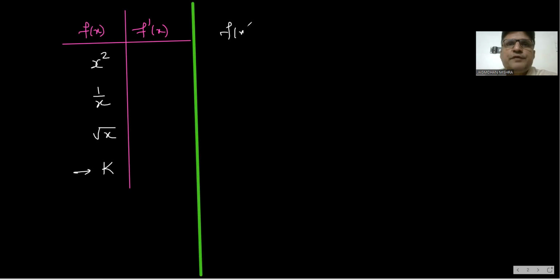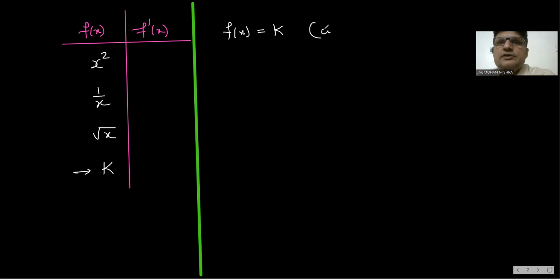So what is f of x? f of x is k, and f of x is a constant function. What is a constant function all about? Here k is a constant.